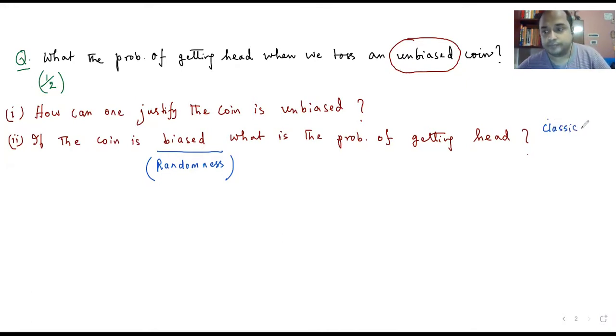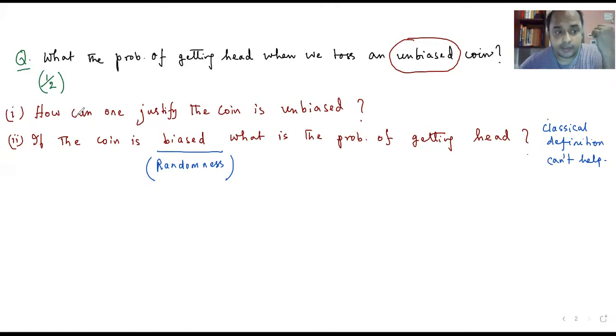The classical definition cannot help. And you know what I mean by this. So how can we deal with this kind of physical situation where the coin is not unbiased? Probably the axiomatic approach of probability can help us in this regard.